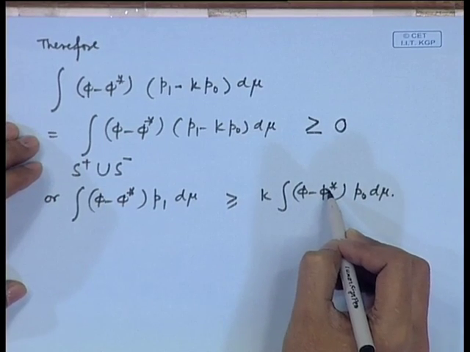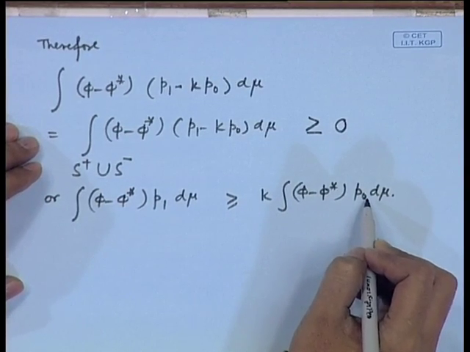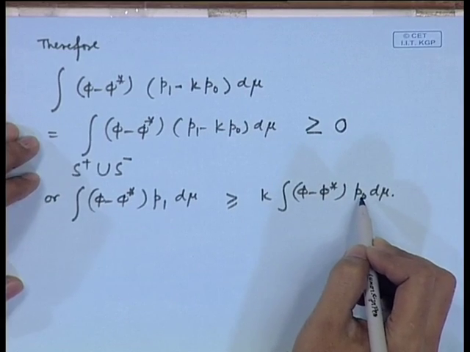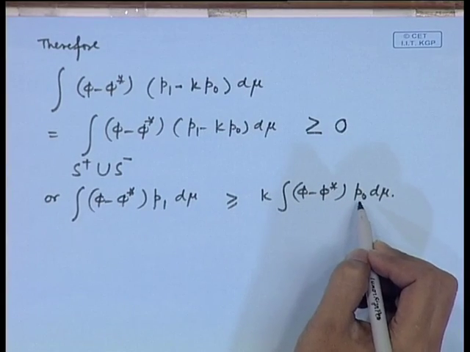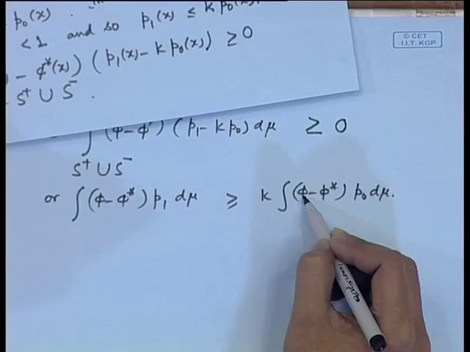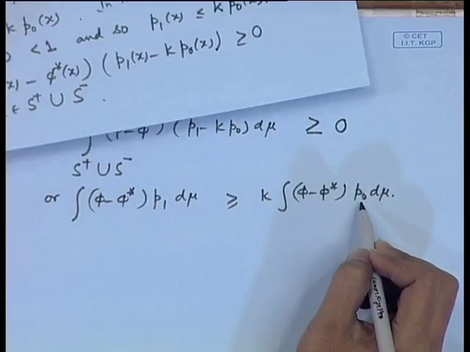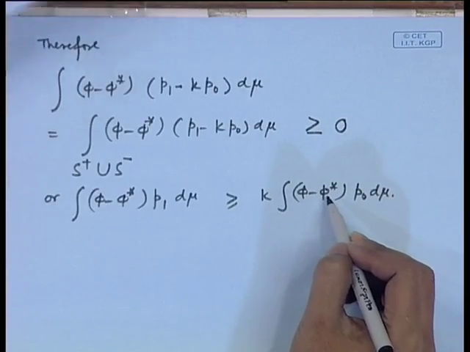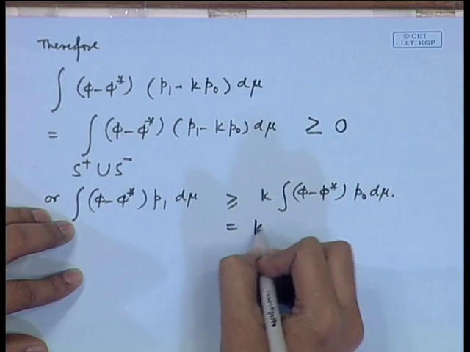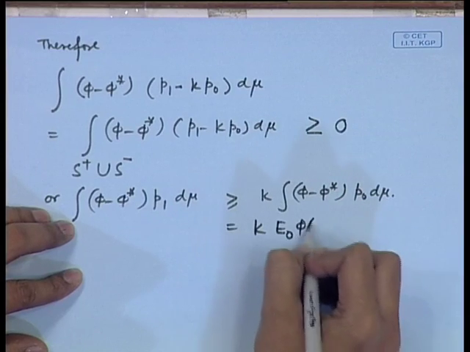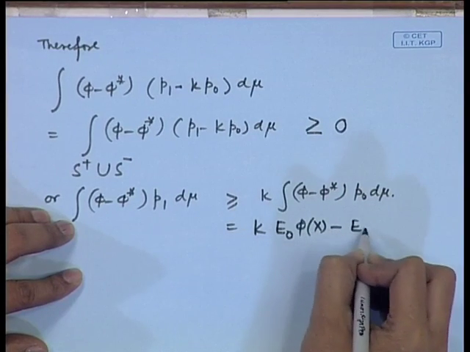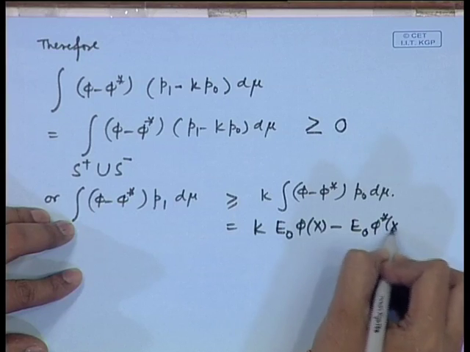This value is nothing but the expectation of phi under H naught minus the expectation of phi star under H naught. That is, we can write it as k times expectation naught phi x minus expectation naught phi star x.